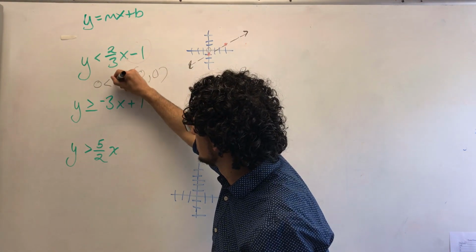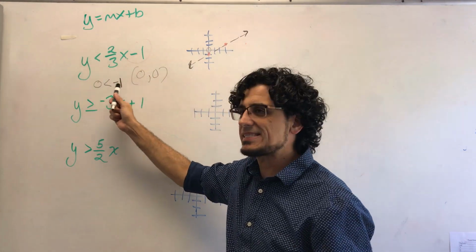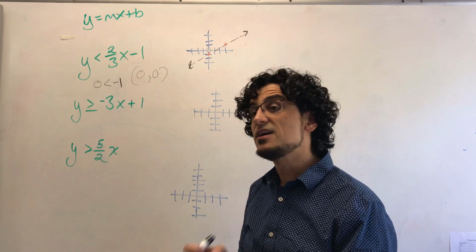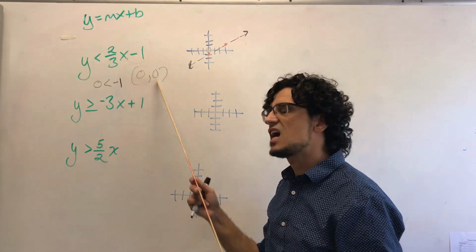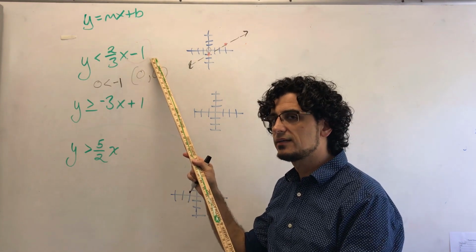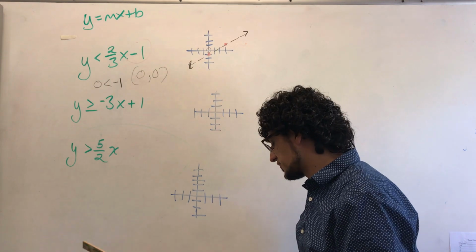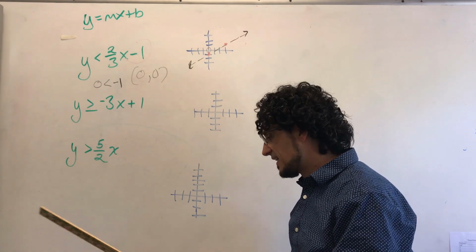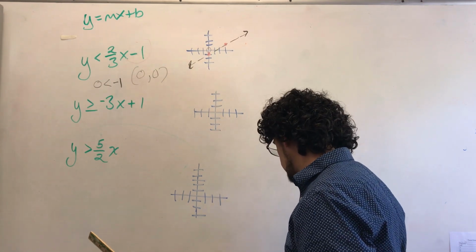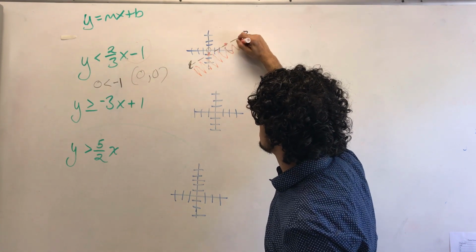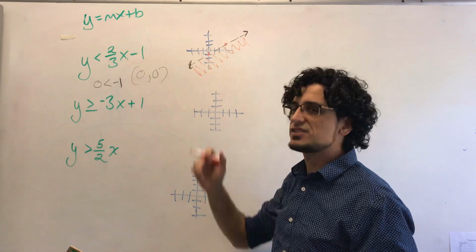It's -1. So is it true that 0 is less than -1? No, 0 is not less than -1. So that tells me that 0, 0 is not a solution to this inequality, and therefore I do not graph the side that contains 0, 0. I graph the side that is away from 0, 0. And so I shade all of this on the opposite side of 0, 0.